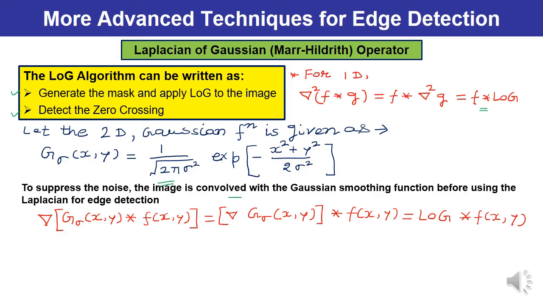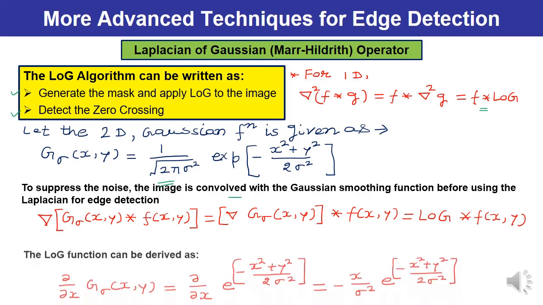Del square of G convolution F, which can be written as the del square G term convolved with f(x,y), or Laplacian of Gaussian convolved with f(x,y). So this is the generalized term which has been written over here. Now from here you can write down the Laplacian of Gaussian function.